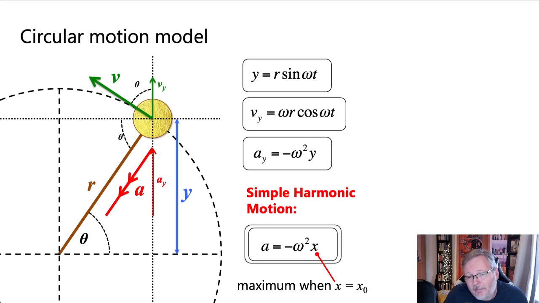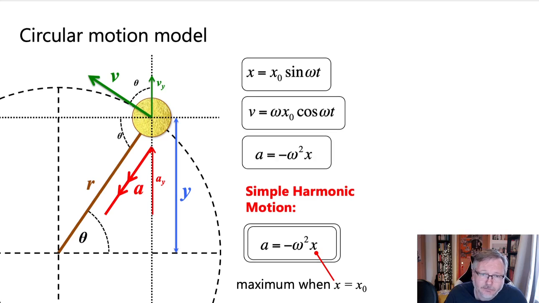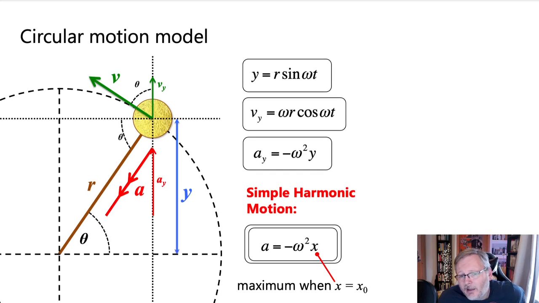That displacement is a maximum when x equals x0. Okay, so that here corresponds to when y is the same as the radius, when it's vertically up or down on my diagram. So we can replace that up there at the top, as you can see. And so instead of having y, we have x.